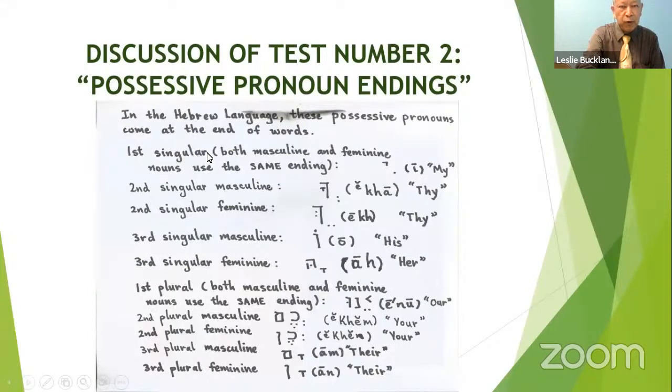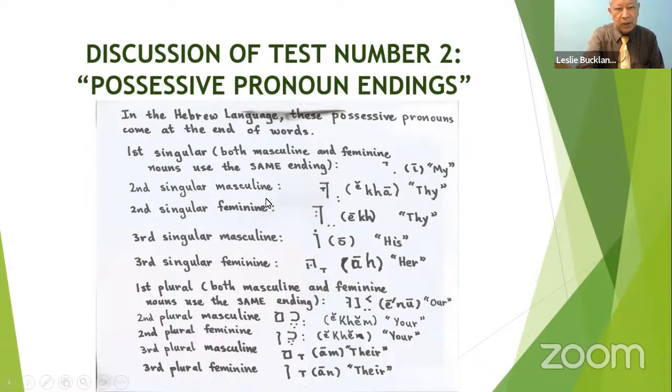For example, the first singular, both masculine and feminine nouns, use the same ending. You have this as the symbol of it. In English, it can be put into this as a long I sound, literally E, an E sound, and translated my.